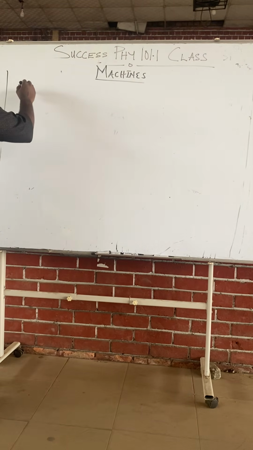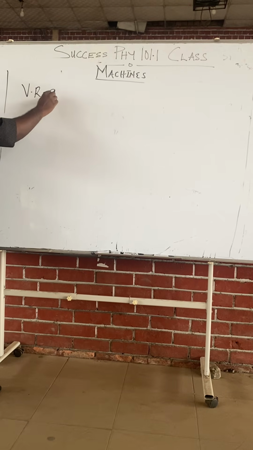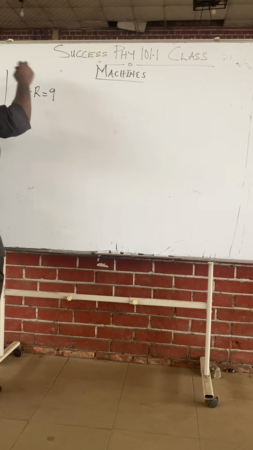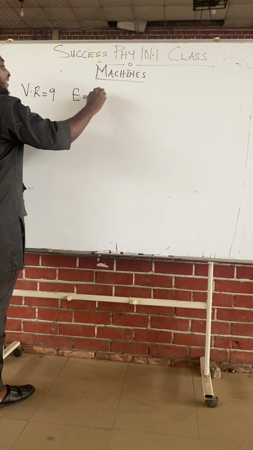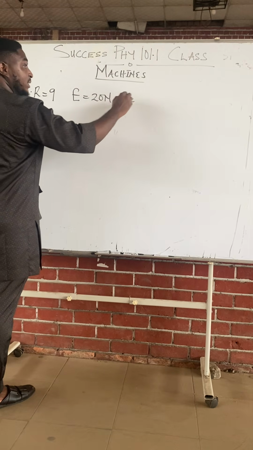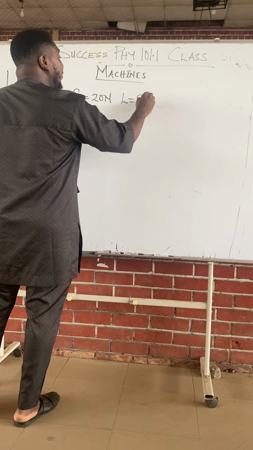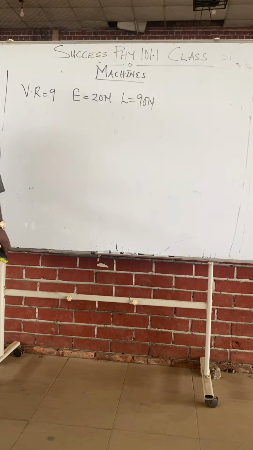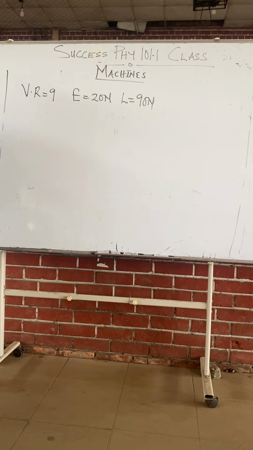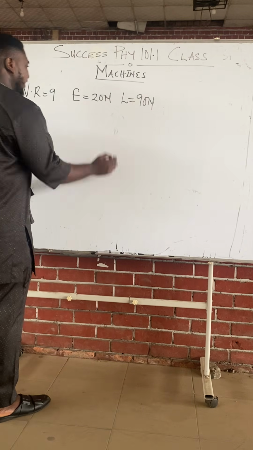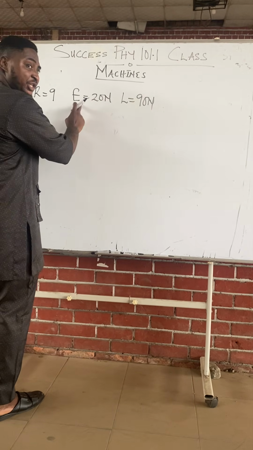The velocity ratio of what? A printing machine with a velocity ratio of 9, yes? It requires 20 Newton, our effort is 20. Overcome a load of what? You can see that the effort is usually lesser than the load because the machine helps us overcome a large load with a little effort. What do they ask us to find? Efficiency. I'm sure you did the mechanical advantage here, right?